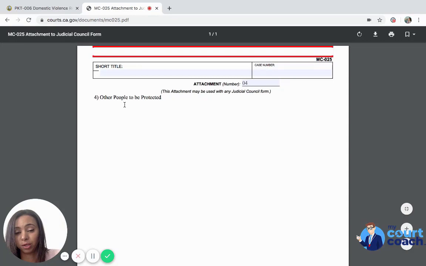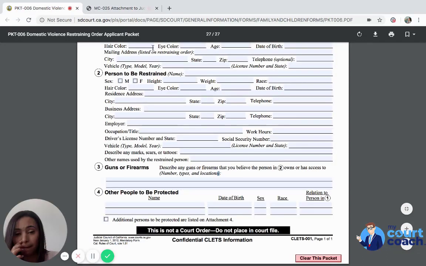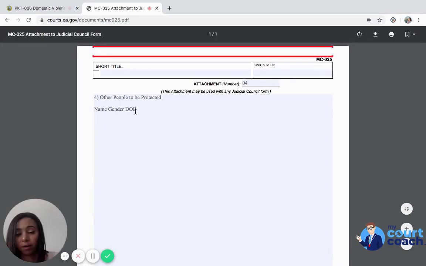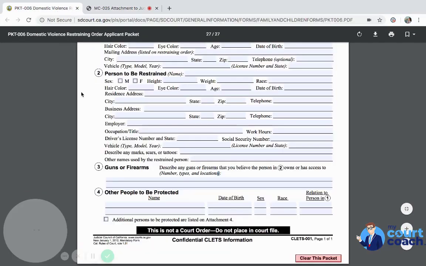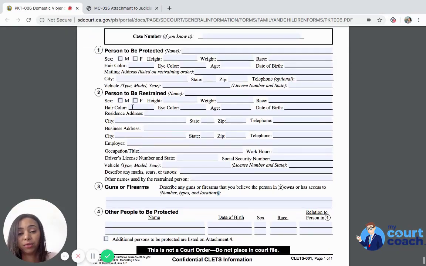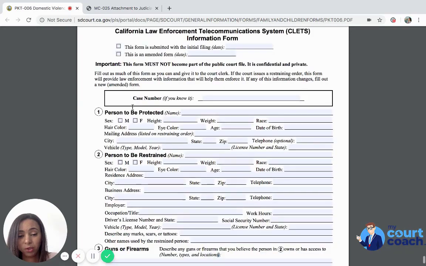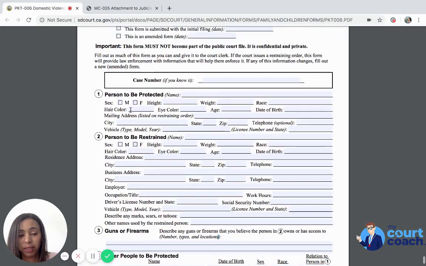And you just make sure that you write their name, their gender, their date of birth, and also their race and their relationship to you. And so you write all of that here, and you can go ahead and attach it to your CLETS-001.